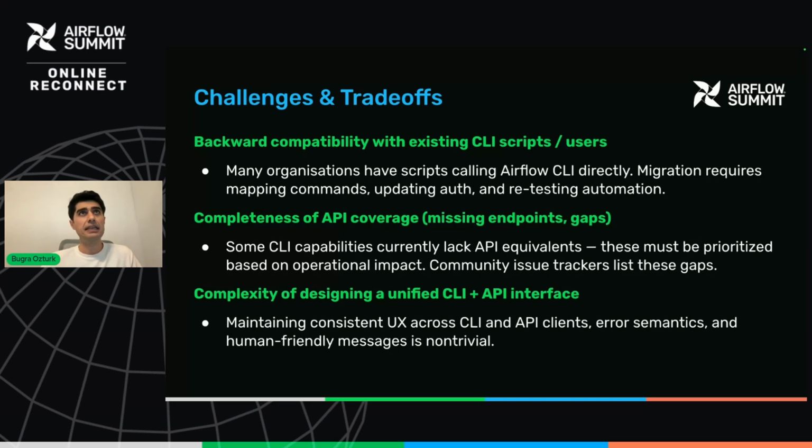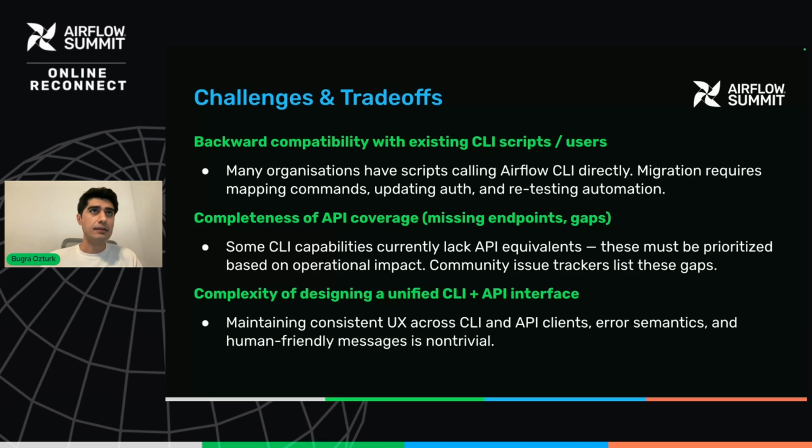But there is a small issue: you basically need to retest your automation, and you need to map the correct parameters accordingly. Most of them are the same, but let's say one of them is mapped differently in the API than in the Airflow CLI, then you need to map it accordingly.